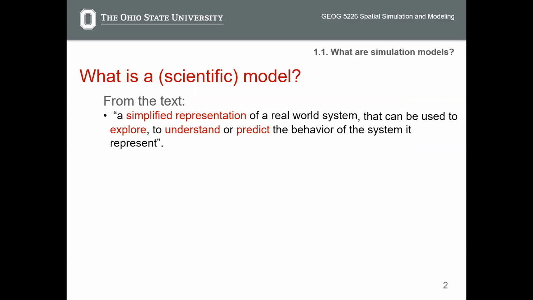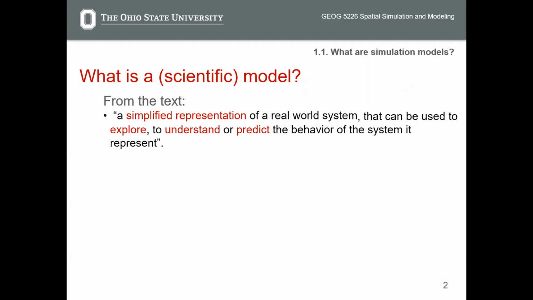Okay, so keywords here, simplified representation. It means that a model cannot address every aspect of the real world system you're interested in. It's a simplified representation, which means that a model should address the part or parts of the system that you are interested in instead of the whole system.